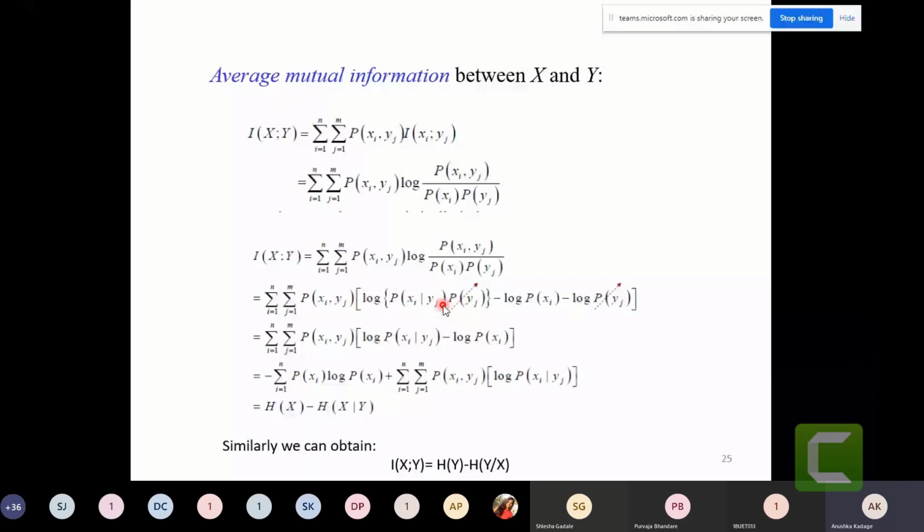When the log function is distributed over multiplication, it becomes addition. That is, log of a multiplied with b has to be extended as log of a plus log of b. With that same rule, here log of P of xi divided by yj plus log of P of yj will exist for this whole bracket.